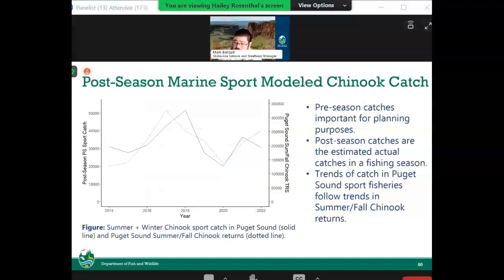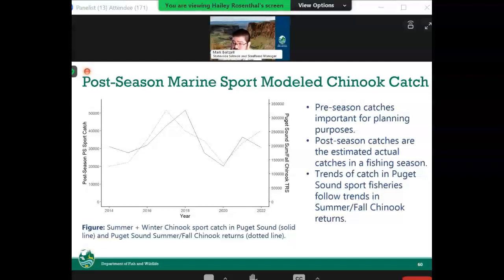Previously we were looking at preseason catches from the model. This slide shows us postseason marine sport catches. On the graph, the solid line indicates a combined summer and winter Chinook sport catch in Puget Sound, and the dotted line represents the Puget Sound summer fall Chinook return.